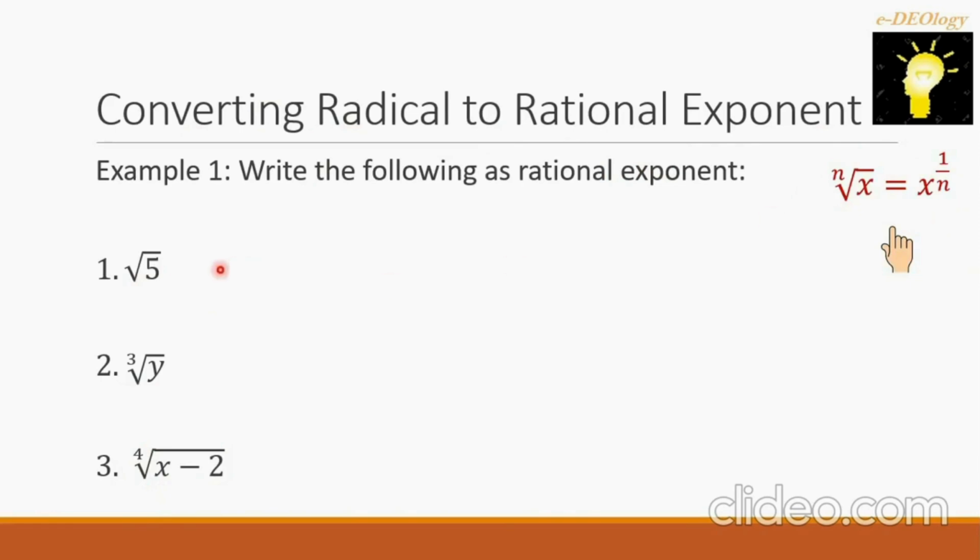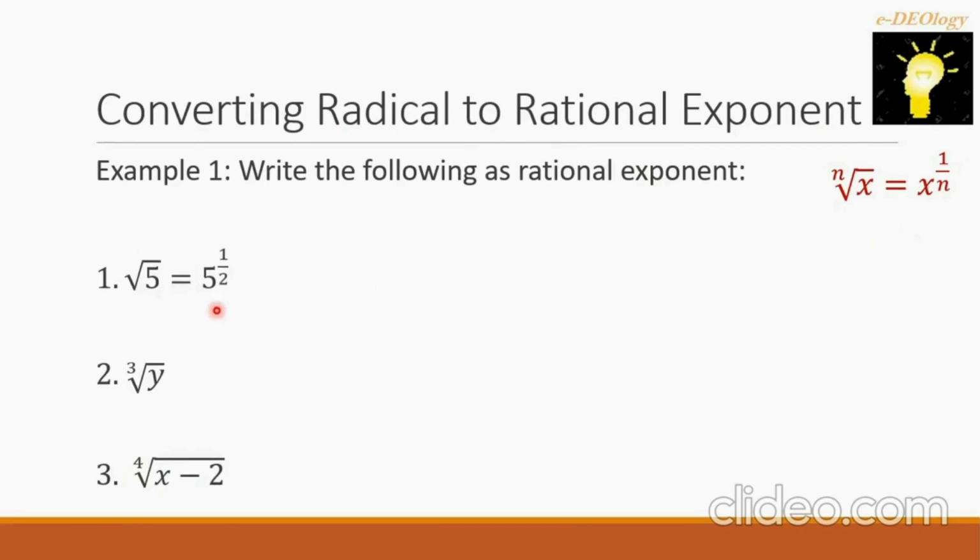Let us now solve the first sample problem. The square root of 5 becomes 5 raised to the exponent 1 over 2. So we simply write the radicand as the base, and then in the exponent we write the number 1 over the denominator, where we simply copy the index of our radical.